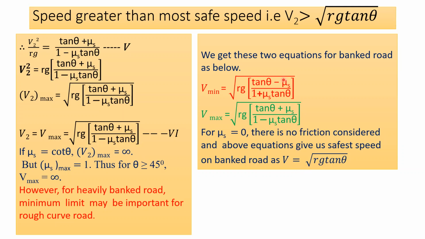Just substitute mu s as 0 and the value is nothing but Rg tan theta under the root, and therefore if mu s is 0, we get the most safe speed on the curved surface.